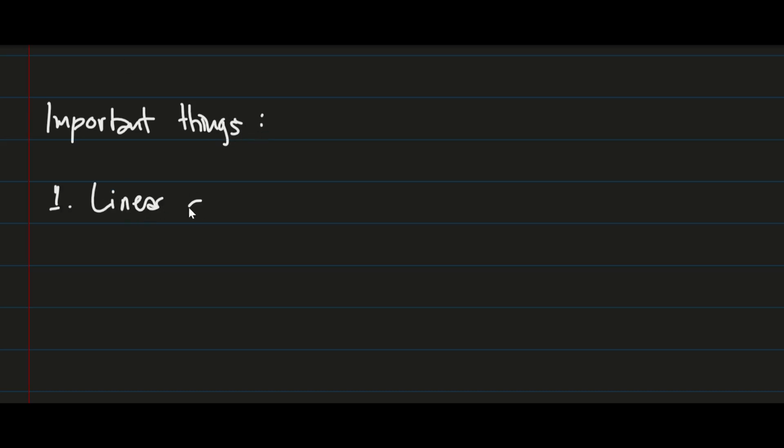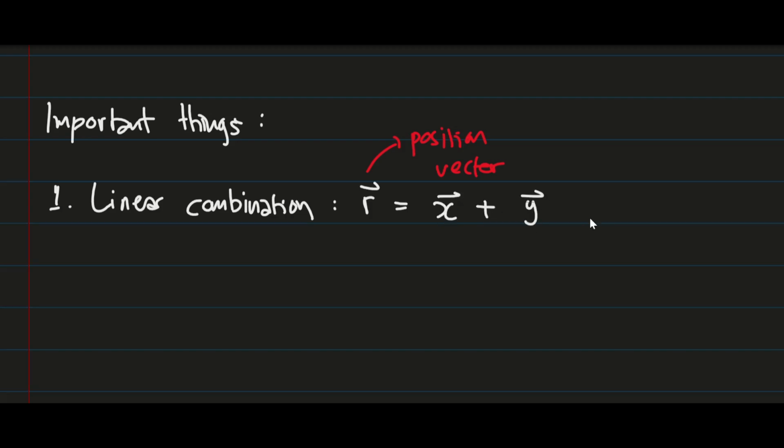The first is linear combination: our vector, such as a position, can be decomposed into 2, 3, 4, and so on vectors by addition. We call that a linear combination, meaning every vector may be built from other vectors as a linear combination.